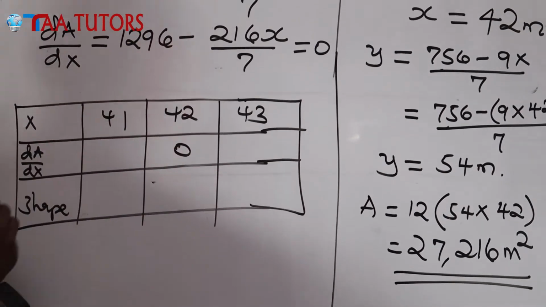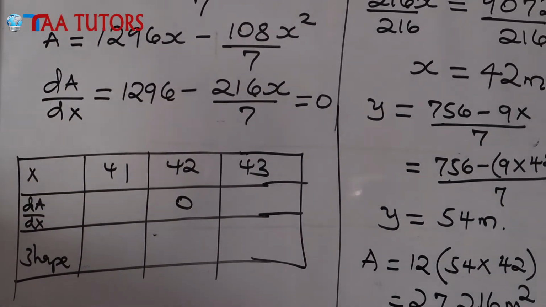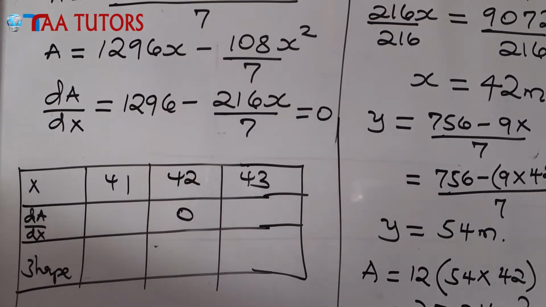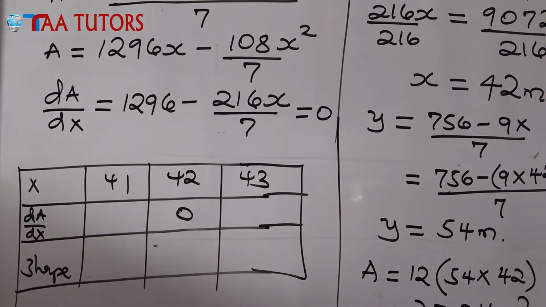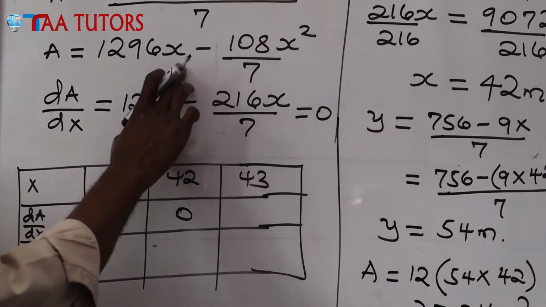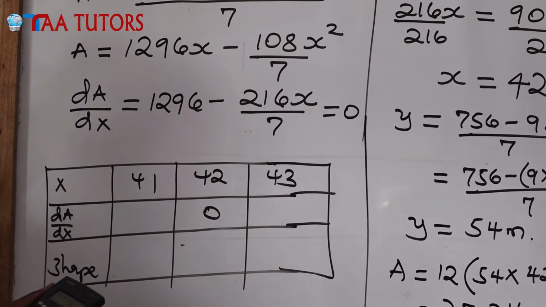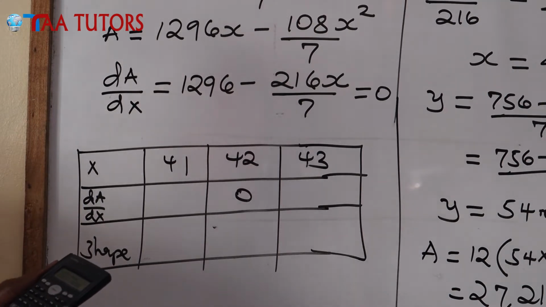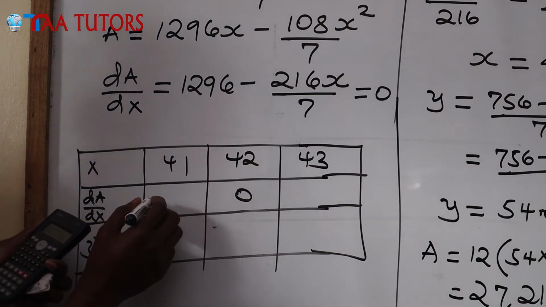We know this is 0. So at this 41, let me substitute into our dA/dx up here. So let us substitute, that is 216 times 41 divided by 7, then 1296 minus answer is positive 30.9.